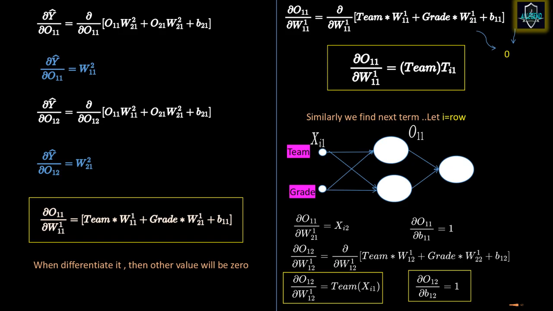After differentiating, only the W112 term is present and the rest will be 0, so del O12 over del W112 is equal to team of xi1. Next, del O12 over del B12 is equal to 1.